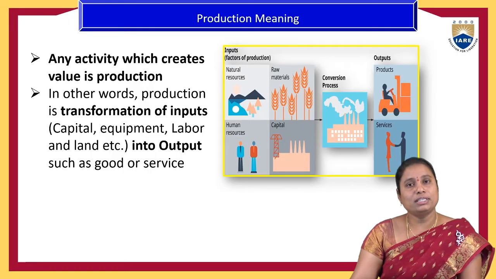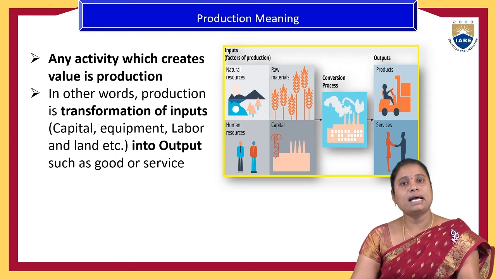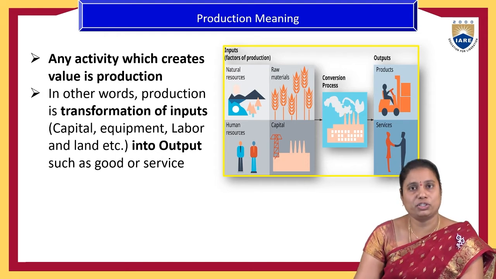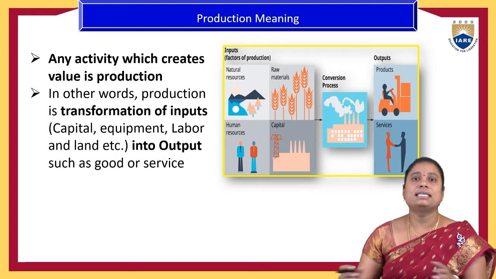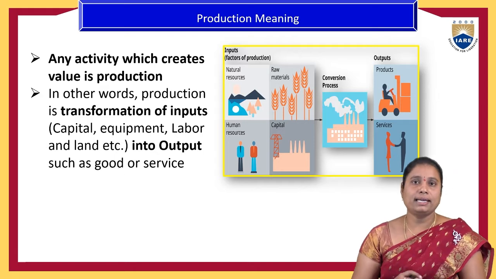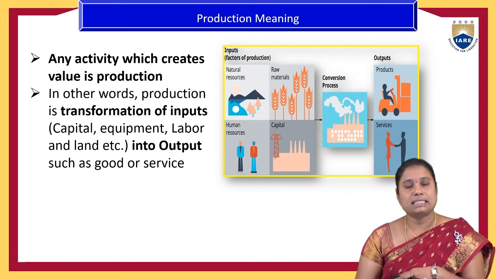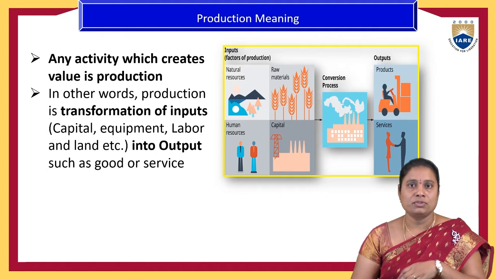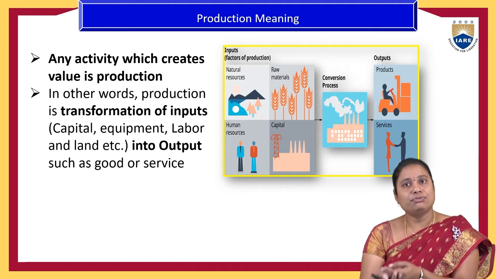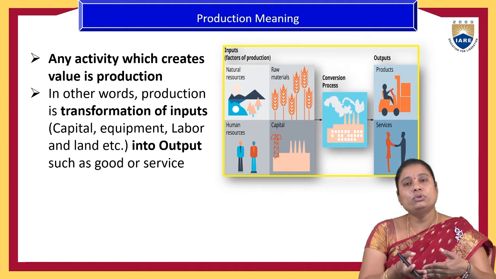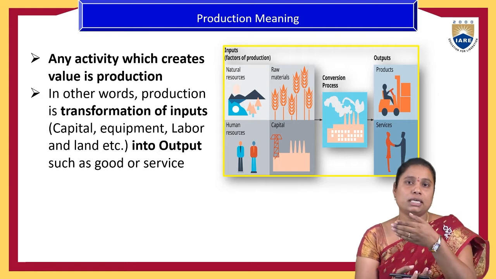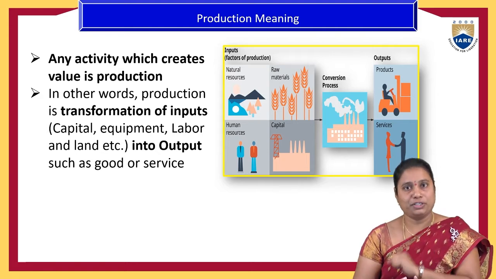Before going to see what the production function is, let us discuss what production is. Production is any activity that creates value. In other words, transforming inputs into useful outputs is called production.